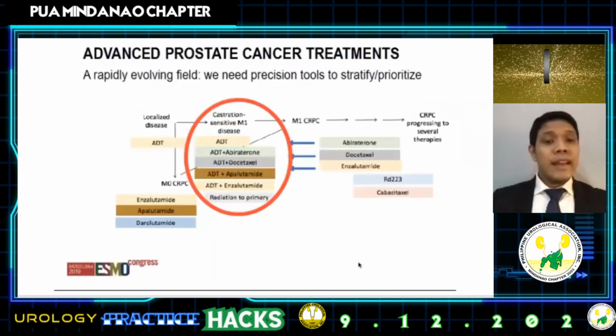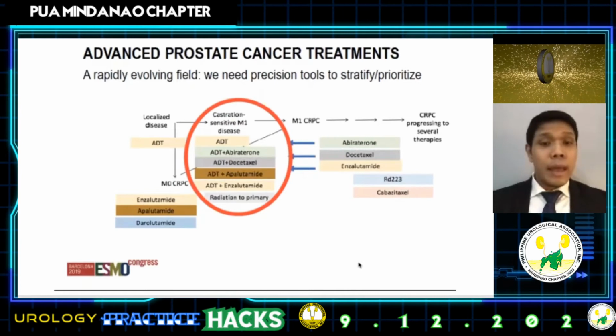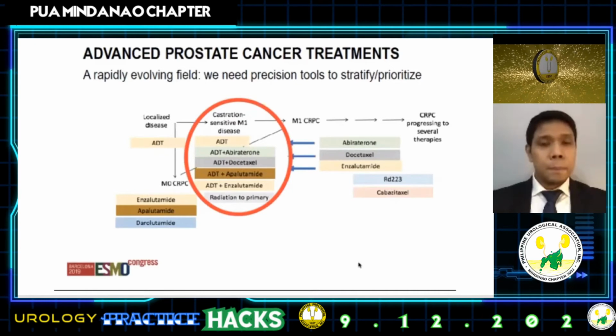The different guidelines would now list as level 1 recommendation giving ADT with an additional agent, either abiraterone, enzalutamide, apalutamide, or for those with high volume metastatic disease, probably docetaxel. But the trend now is giving ADT in combination with another drug.